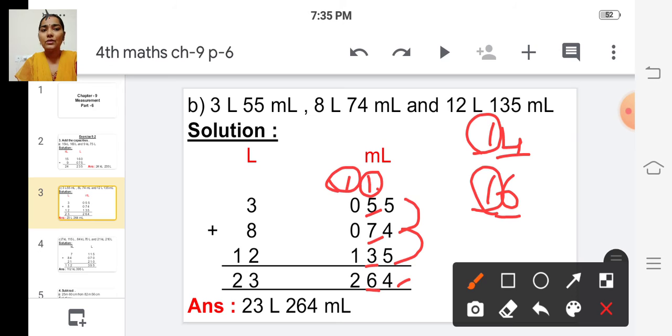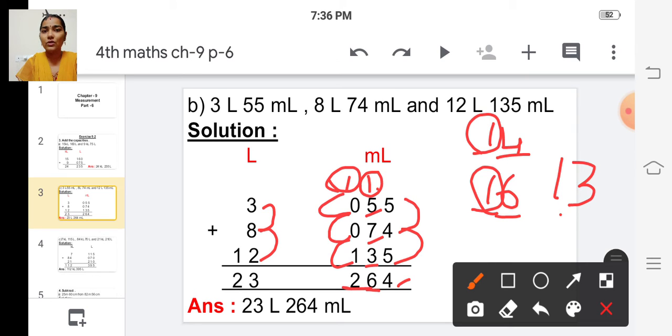Now add 1 plus 0 is 1 and 1 plus 0 is 1 and 1 plus 1 is 2. So write 2 here. Now we shall add this: 3 plus 8 is 11 and 11 plus 2 is 13. 13 is a 2-digit number.